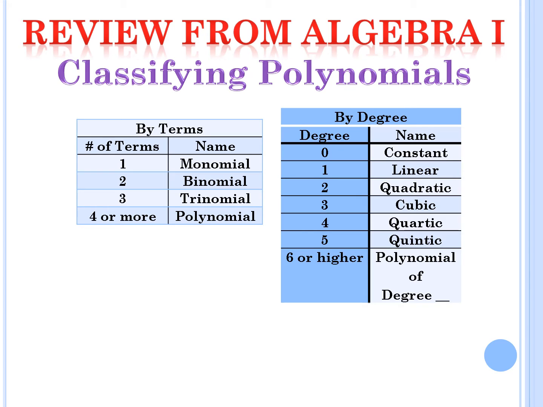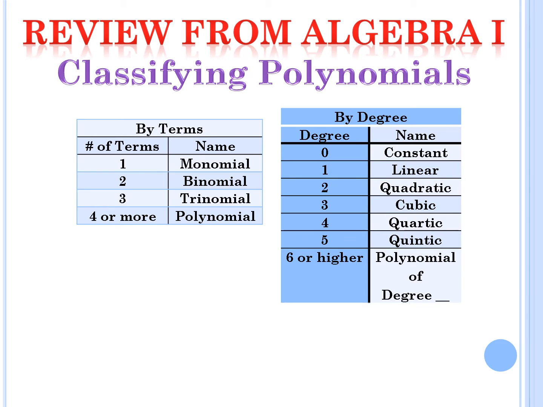If your highest exponent is 2, we call that quadratic. Think about x squared. That is a quadratic equation. If your highest degree is 3, we call that cubic. Again, think about the cubic function, x cubed. If your highest exponent is 4, we call that quartic.